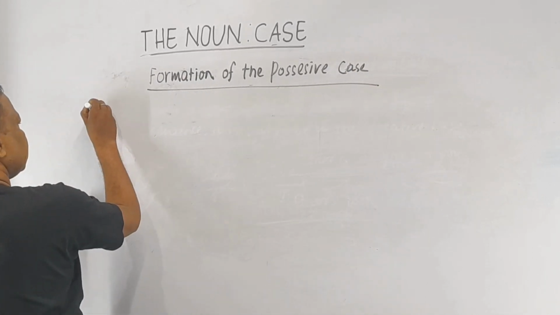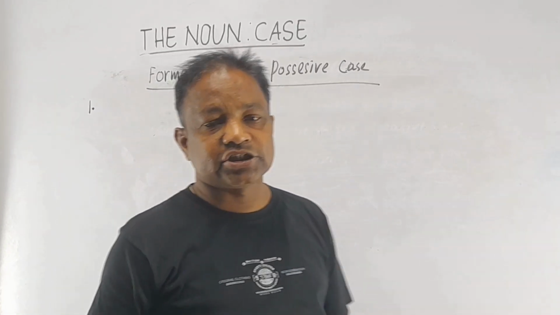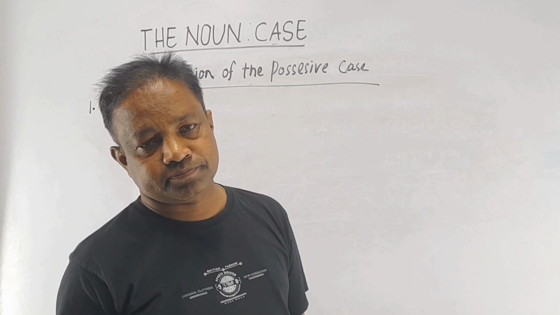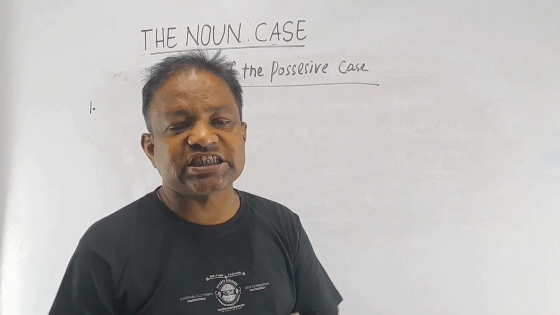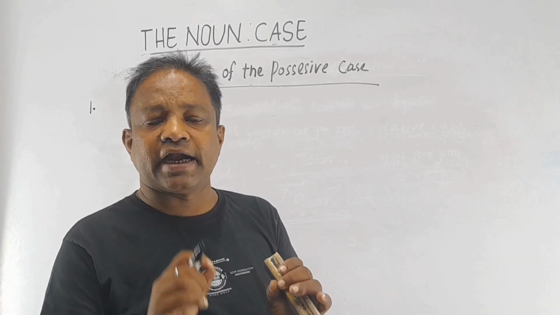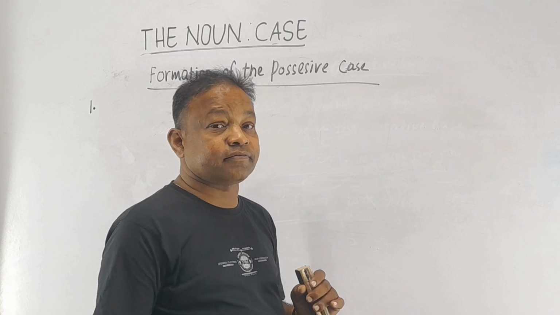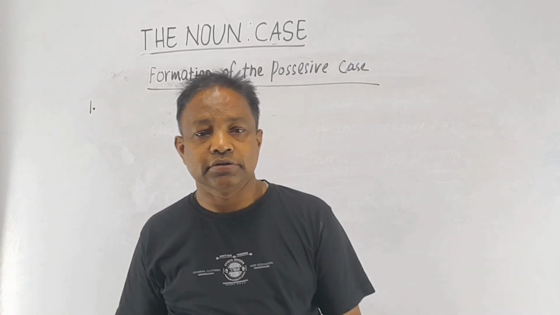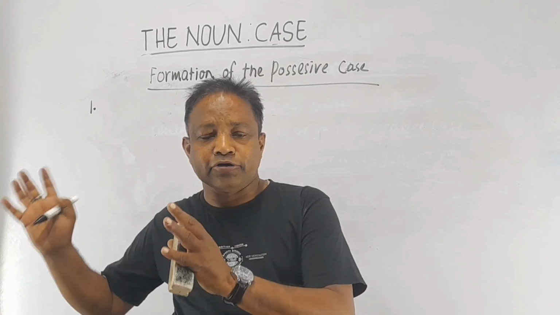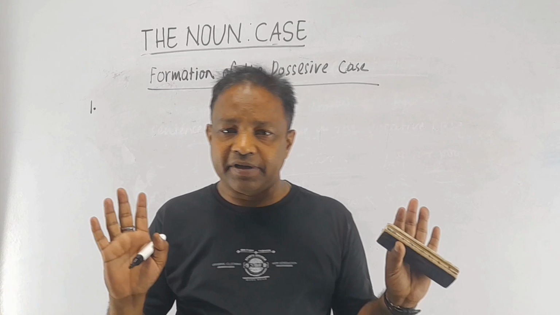Rule number 1. When the noun is a singular noun, in order to change it into its possessive form, simply you can add apostrophe s. But another thing you should not forget, generally we find 2 types of nouns. Some nouns refer to living beings, some nouns refer to non-living beings.